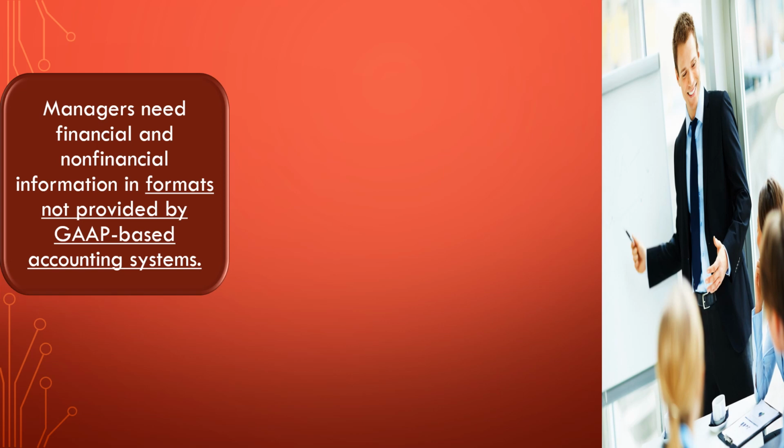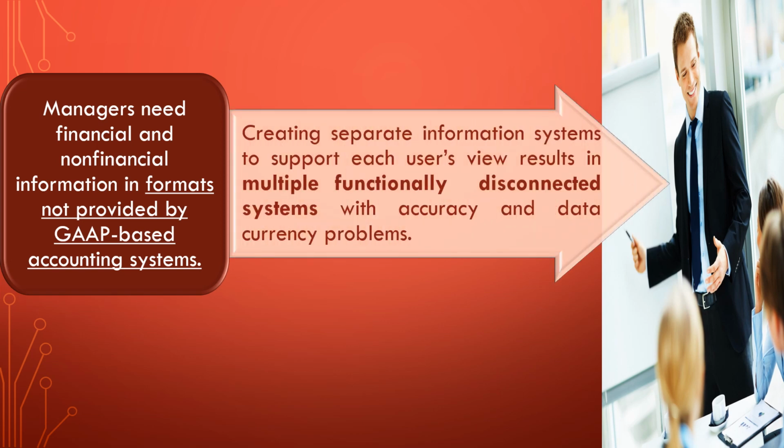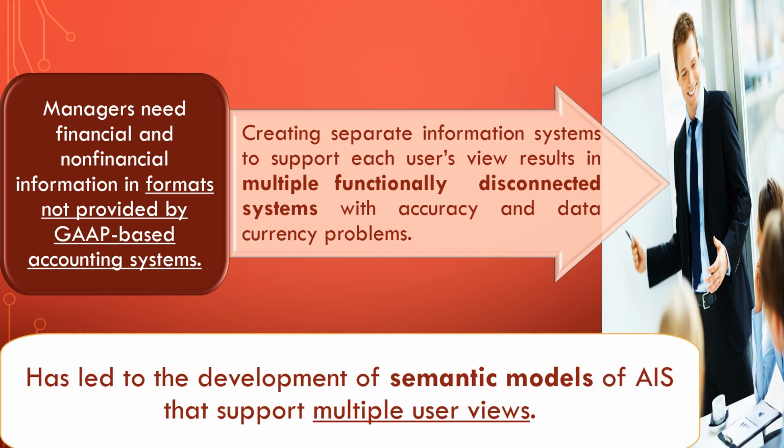Creating a separate information system to support each user's view results in multiple functionally disconnected systems with accuracy and data currency problems. So it leads to the development of semantic models of accounting information systems that support multiple users' views.